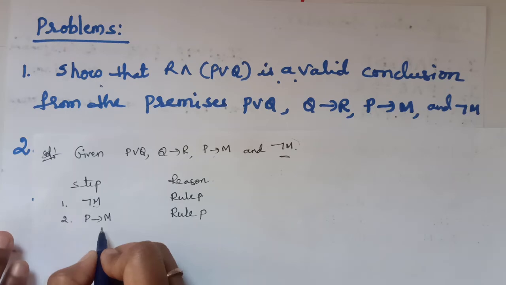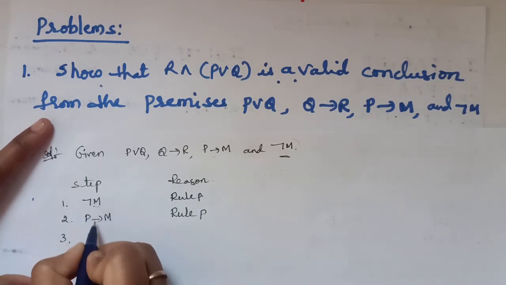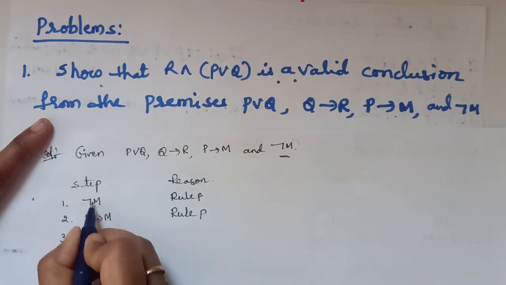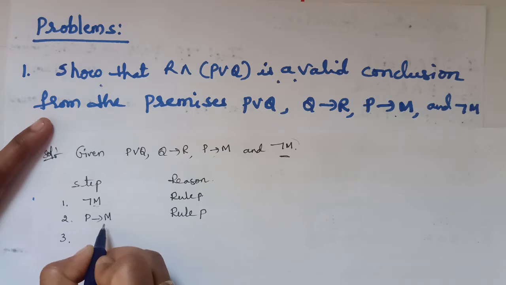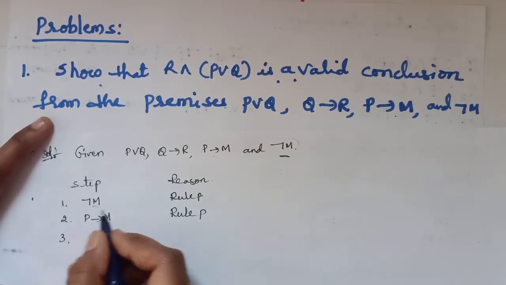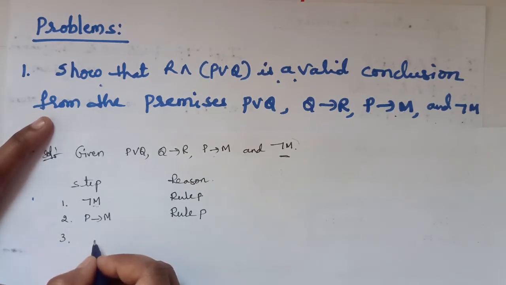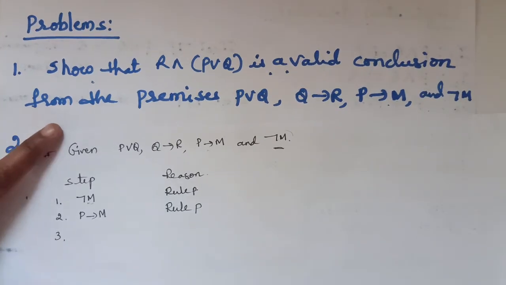Now observe these two premises, negation M and P conditional M. From these two premises, can we derive another premise? Yes, we have just discussed the implication formulae.